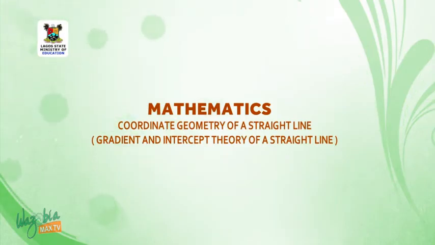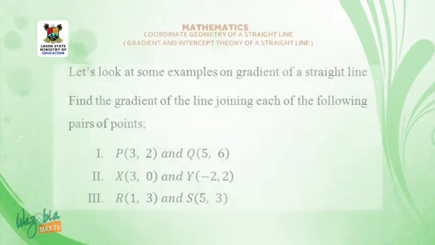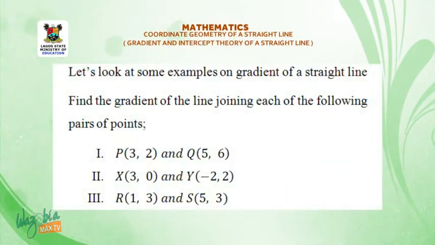Welcome back, class. Let's look at some examples on gradient of a straight line. Find the gradient of the line joining each of the following pairs of points. Roman figure 1, P with coordinates (3, 2), and Q, coordinates (5, 6).